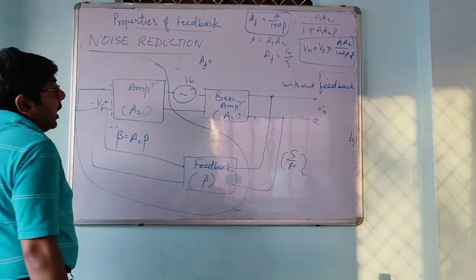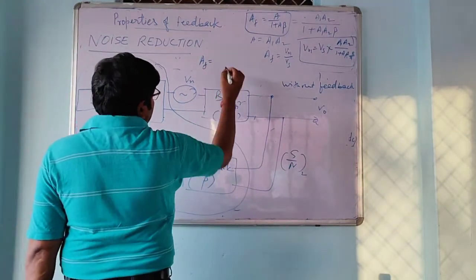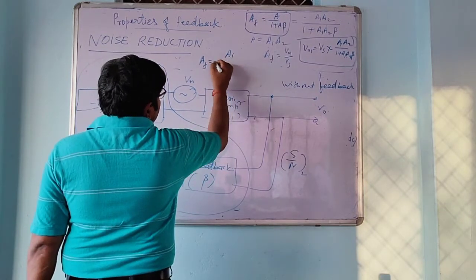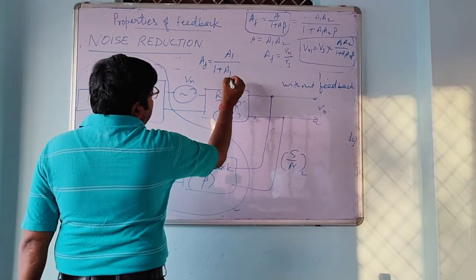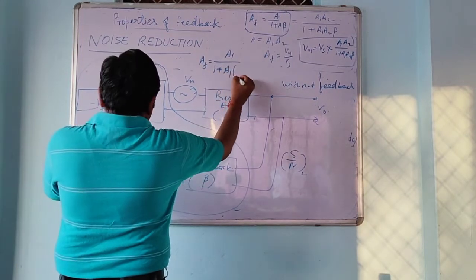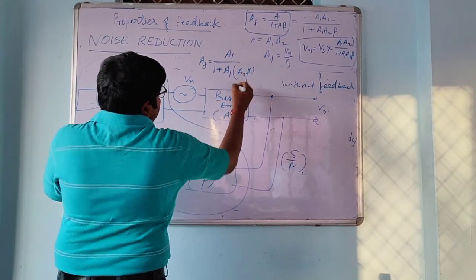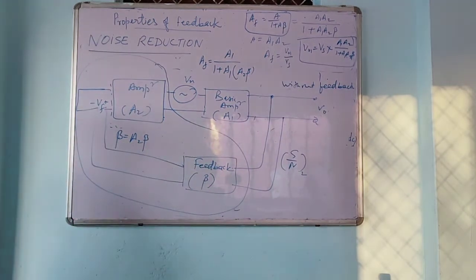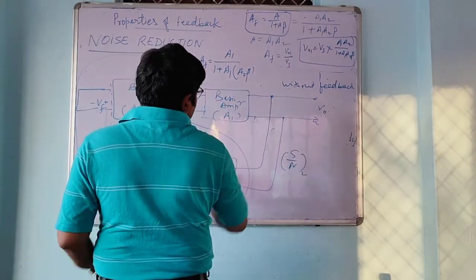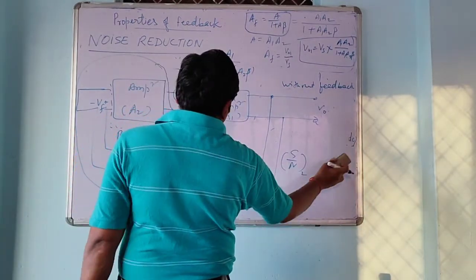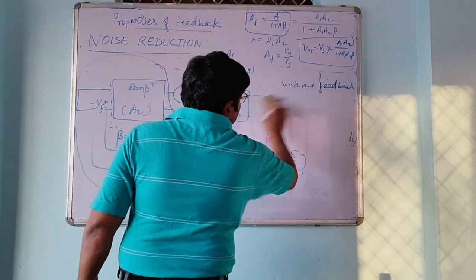What is the gain with feedback? It is the basic amplifier gain, A1, upon 1 plus A1 into beta, means A2 into beta. So what is the expression for this? Now we are removing this diagram.